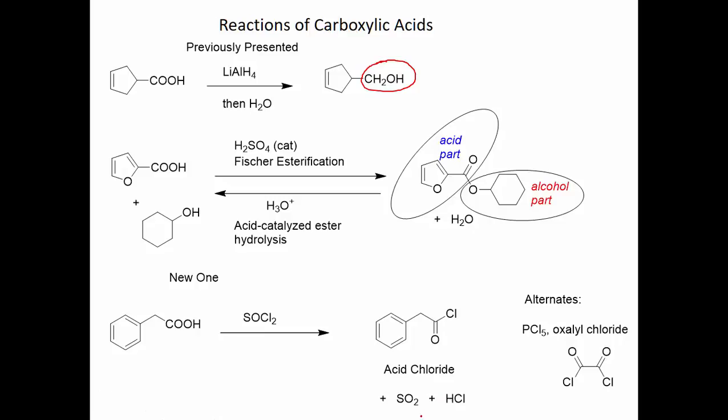You may remember that earlier, a long time ago, we showed that you can take an alcohol and convert the OH group into a chlorine, and this is basically what's happening here as well. There are other reagents that'll do this. Phosphorus pentachloride or oxalyl chloride are good examples of alternative reagents for converting an acid into an acid chloride.